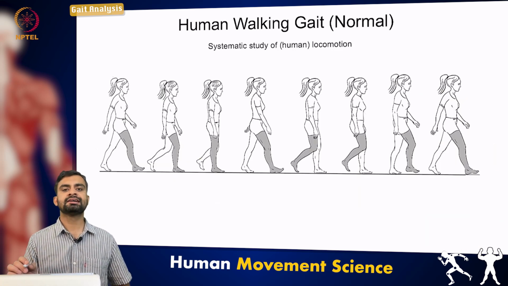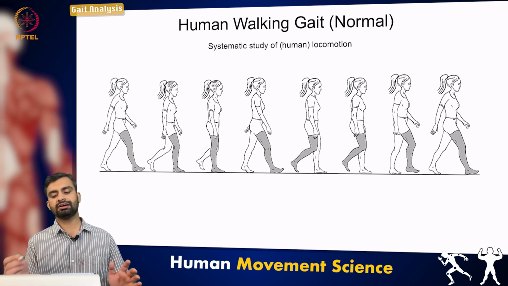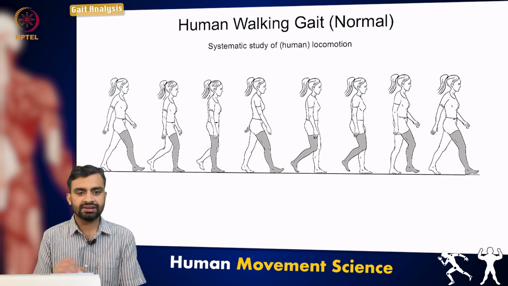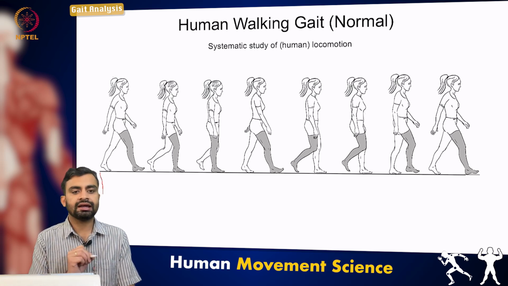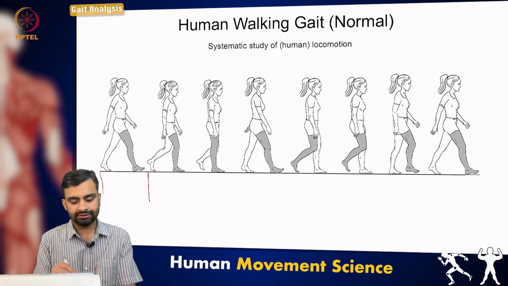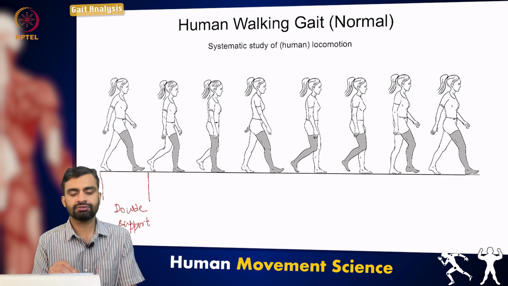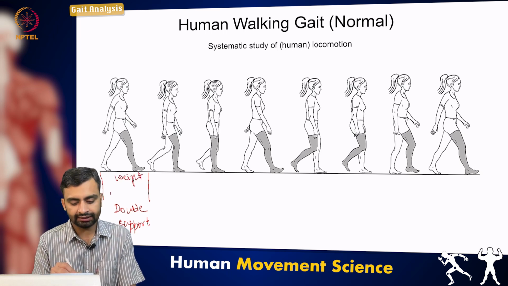So now let's sum up the human walking gait. Particularly here we will talk about normal walking only. So this first phase where both our feet are in contact with the floor is known as our first double support phase. And during this interval, our body accepts the weight from one limb to the other limb.